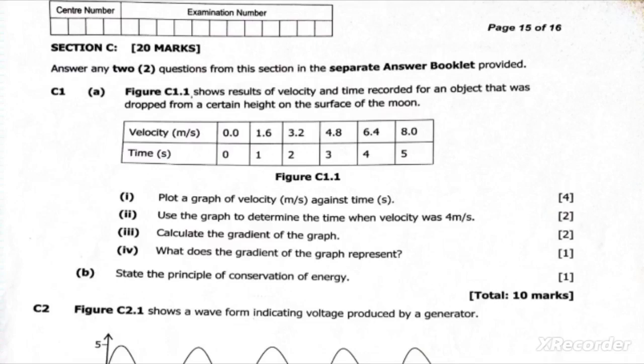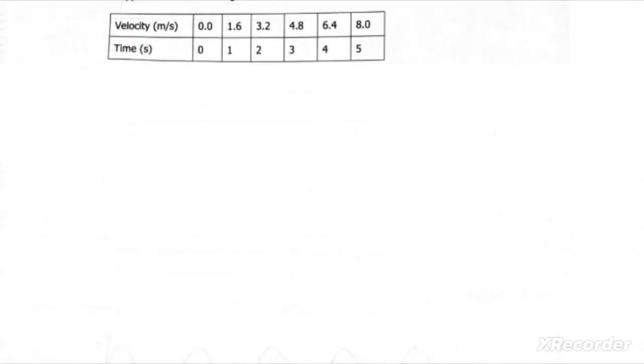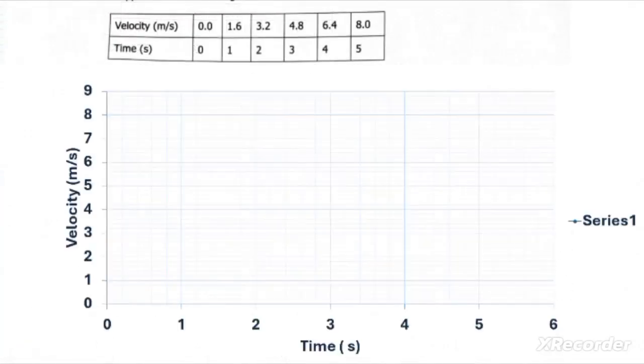So we need to use the table of values we are given. Time will be on the x-axis, then velocity on the y-axis. Let us bring our graph here. The first coordinate is 0, 0.